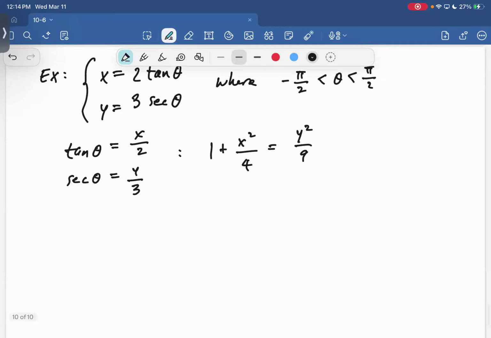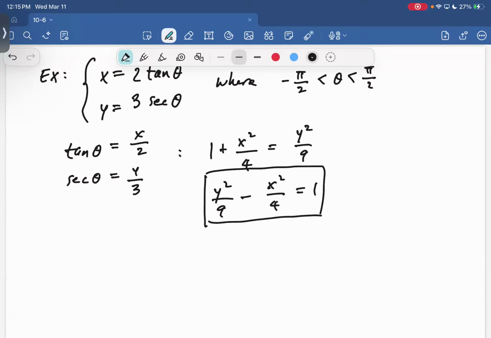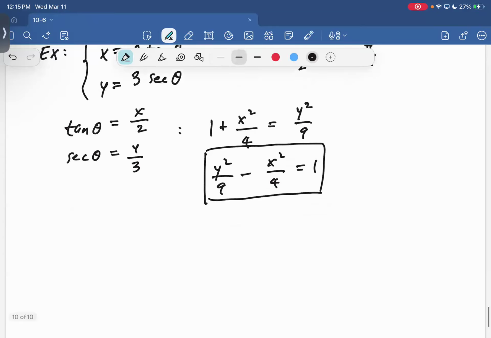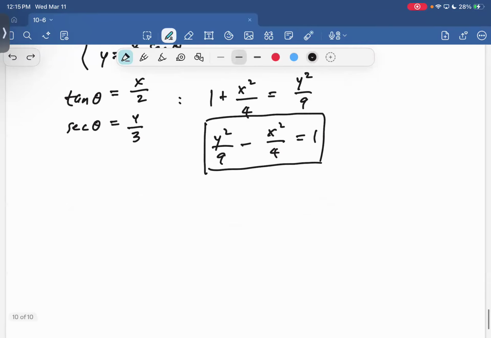And this is just a hyperbola because we can subtract the x squared from both sides. And we're left with this, which is a hyperbola that is vertical or horizontal. It is vertical. Very good. Because y is first, right? Okay, so we end up with a vertical hyperbola, and the vertices are going to be at (0, plus or minus 3), because this is our a value. We've done that a million times at this point.